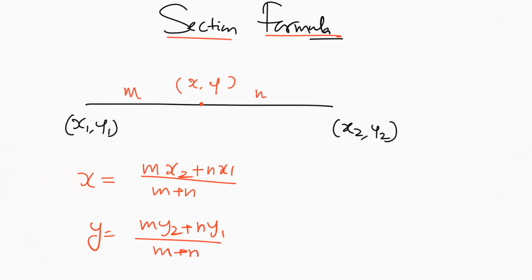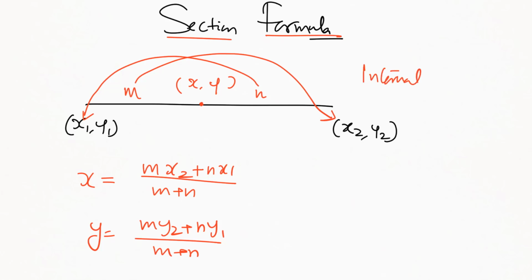The easy way to remember this is to multiply m to this coordinate and n to this coordinate. mx2 plus nx1 over m plus n, and similarly for the y coordinate also, my2 plus ny1 over m plus n. Alright, and this is called internal division. What is internal? It means the point is on this line but it is dividing it internally into two sections.